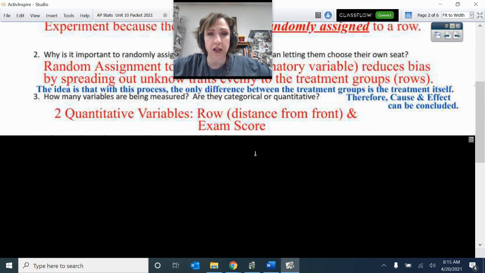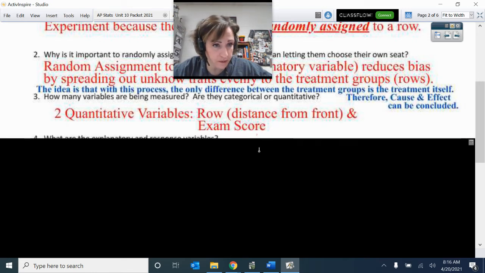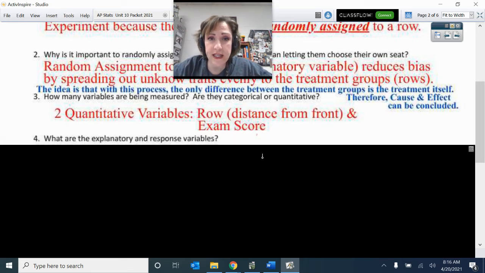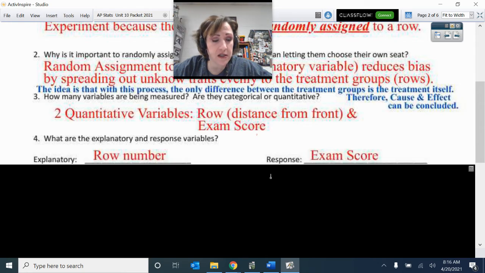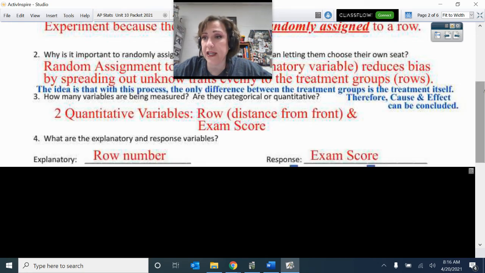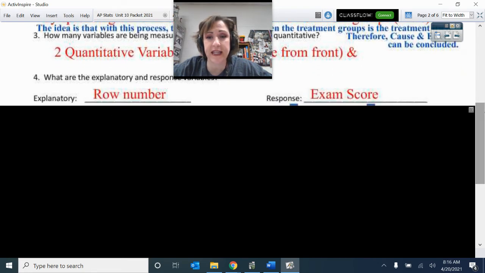They're all over the place, not in straight rows. So we could measure distances and make it a little bit more continuous. But this was done in terms of rows and then the exam scores. What are the explanatory and the response? So the row number is our explanatory and the exam score is the response.